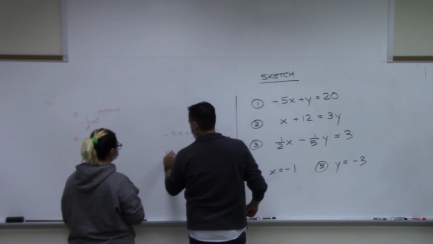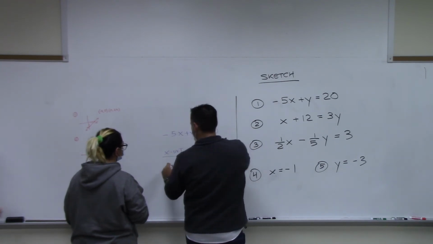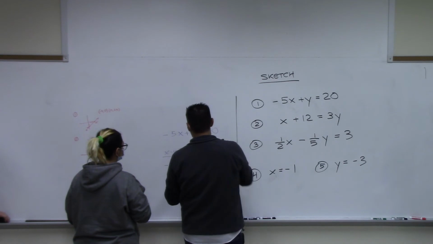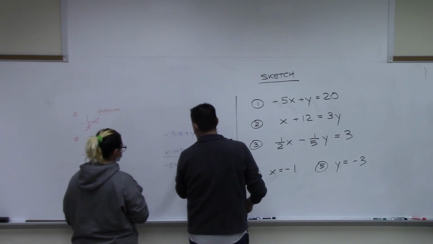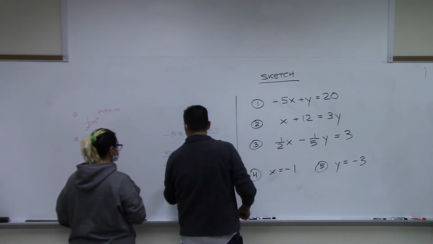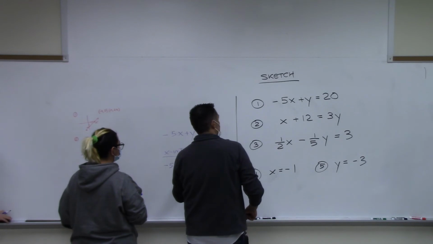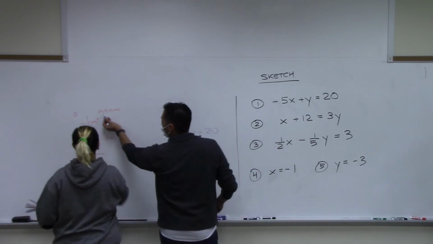To do that you set y to 0. So when you do that, it'll be negative 5x plus 0 equals 20. I think you had that written down, yeah? Okay, and now this is gone, so negative 5x equals 20. And then divide, and you got negative 4. Okay, that's good.